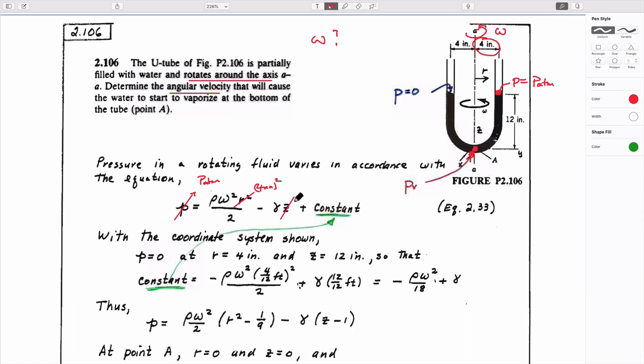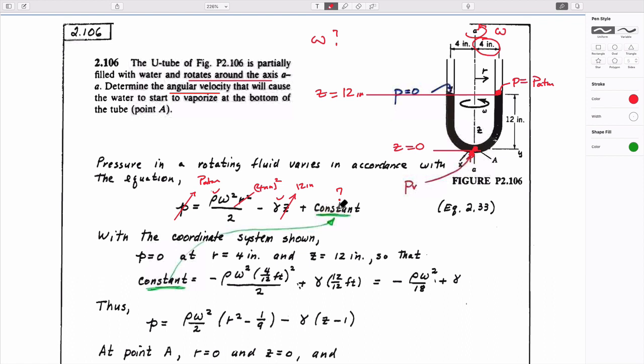And that this elevation here, if we take this as being z equals 0, then this elevation here would be equal to 12 inches. Right? So we know this, we know this, we know this, we can assume this, and the only thing we don't know is the constant.